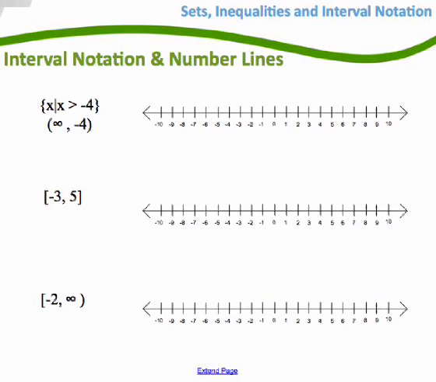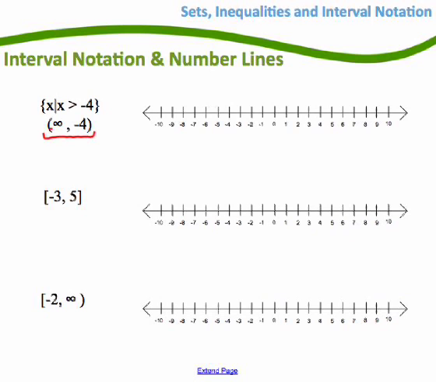Okay, so if I needed to plot interval notation on a number line, I can do that fairly easily using those same bracket kind of things if I need to. This one here says it starts at negative infinity and goes all the way up to negative 4. Is that how it is? Let me look at this. X is greater than or equal to negative 4. I don't think this shows that.